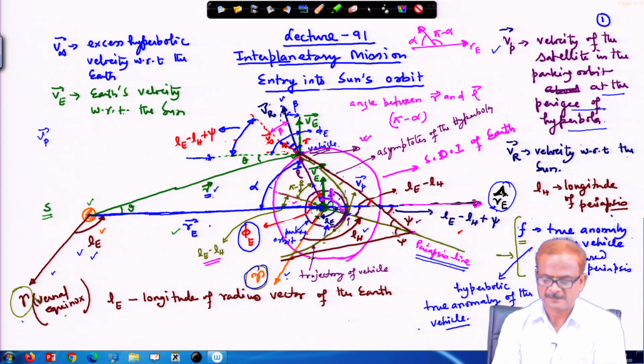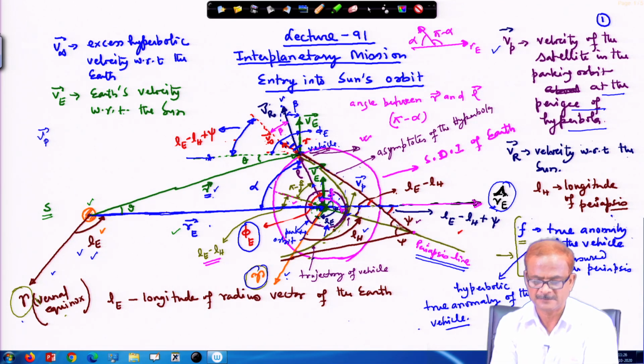Psi, as indicated, is measured as we have done in the conic section. This is the angle psi of the asymptotes measured from the periapsis line.